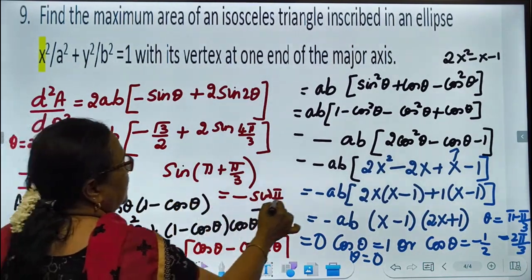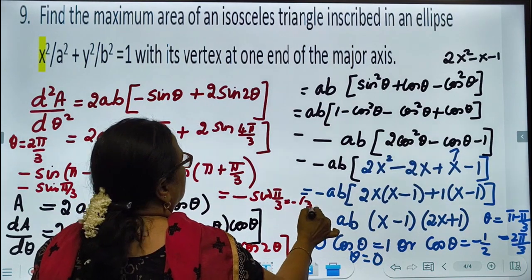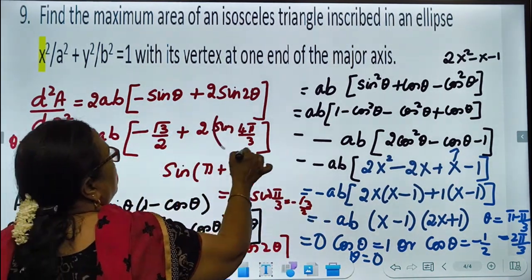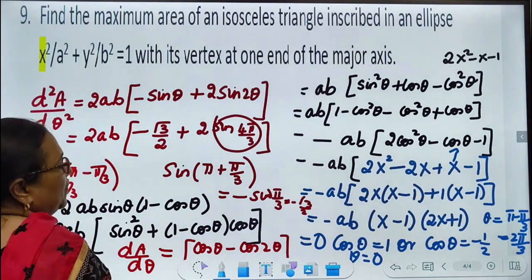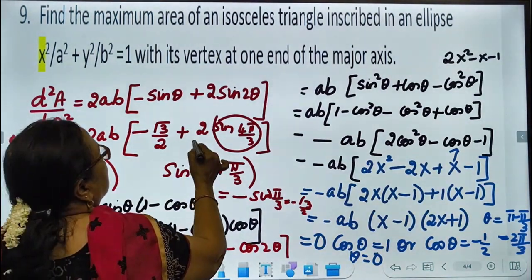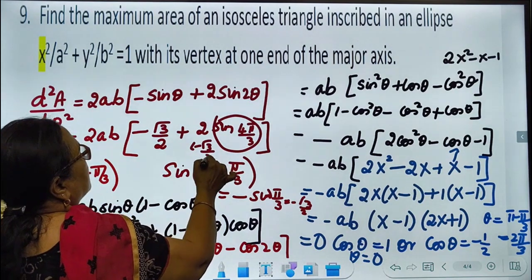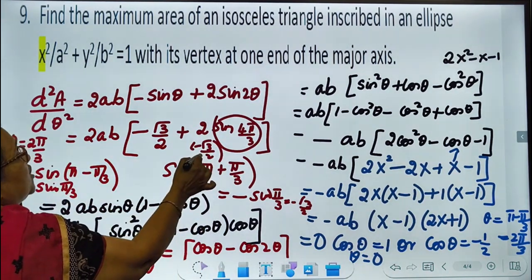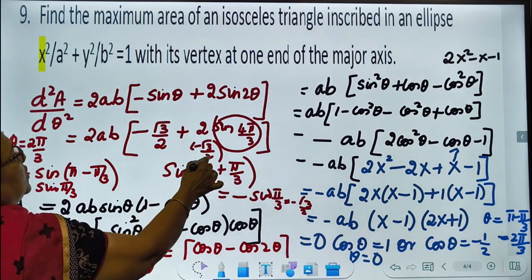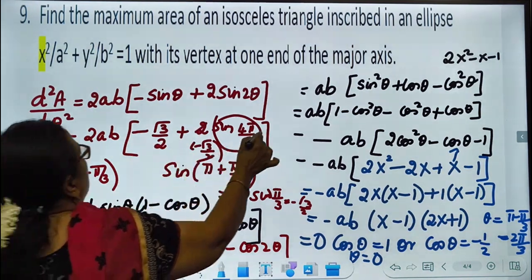We have already seen that is nothing but minus root 3 by 2. So this is 2 into minus root 3 by 2, which is minus root 3. So in total this is minus root 3 by 2 minus root 3.